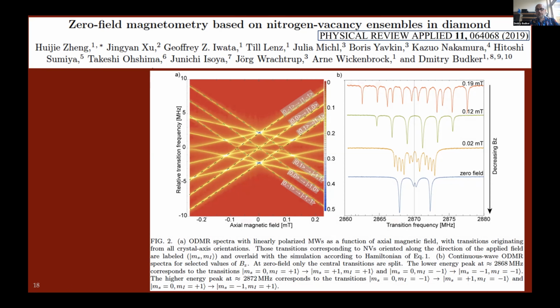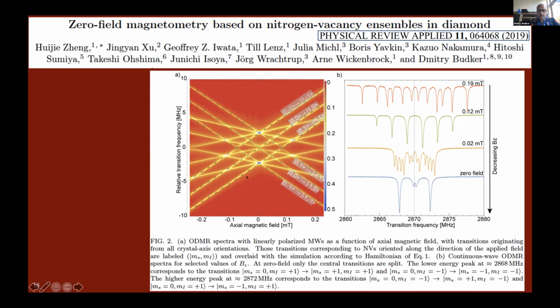The idea is that you initialize your nitrogen vacancy centers in the m equal to 0 sublevel, as I explained before. Then you apply a microwave field and you drive a transition to one of the m plus minus 1 states. And that tells you what the frequency is.